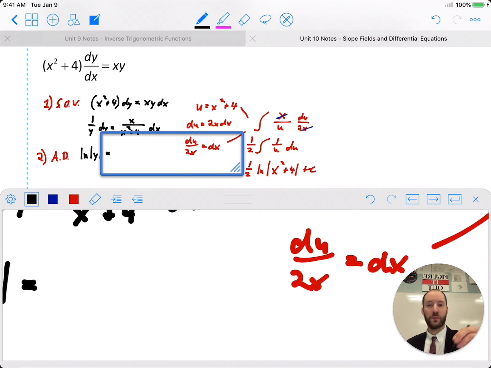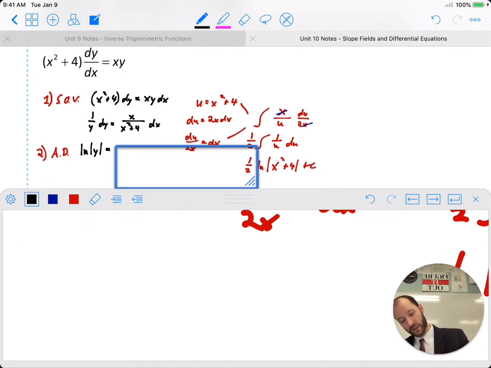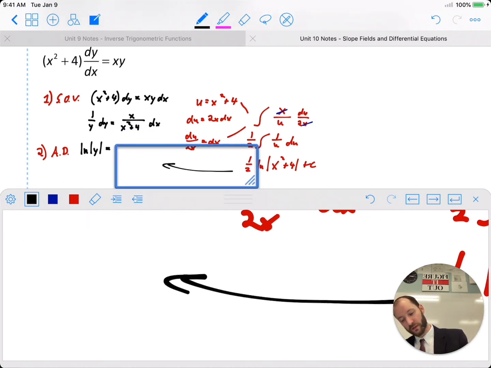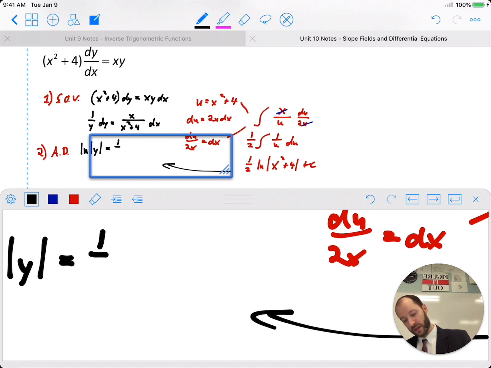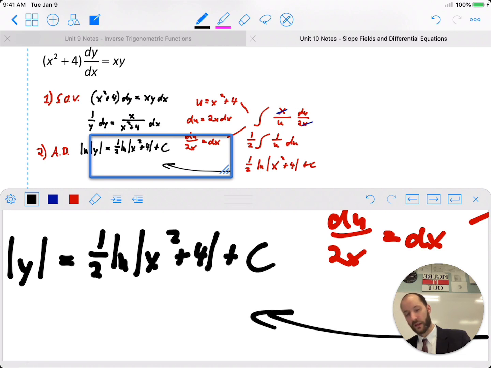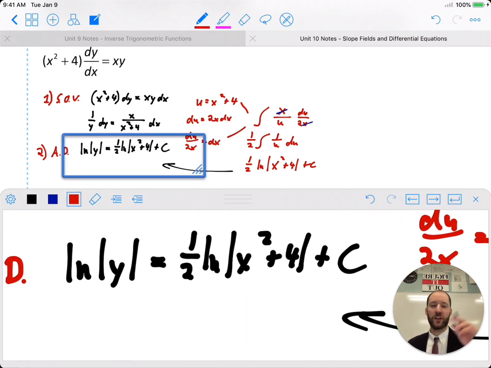So let's go ahead and put that back in. So kind of bring this over. 1/2 ln absolute value x squared plus 4 plus c. So antiderivatives like we've seen.